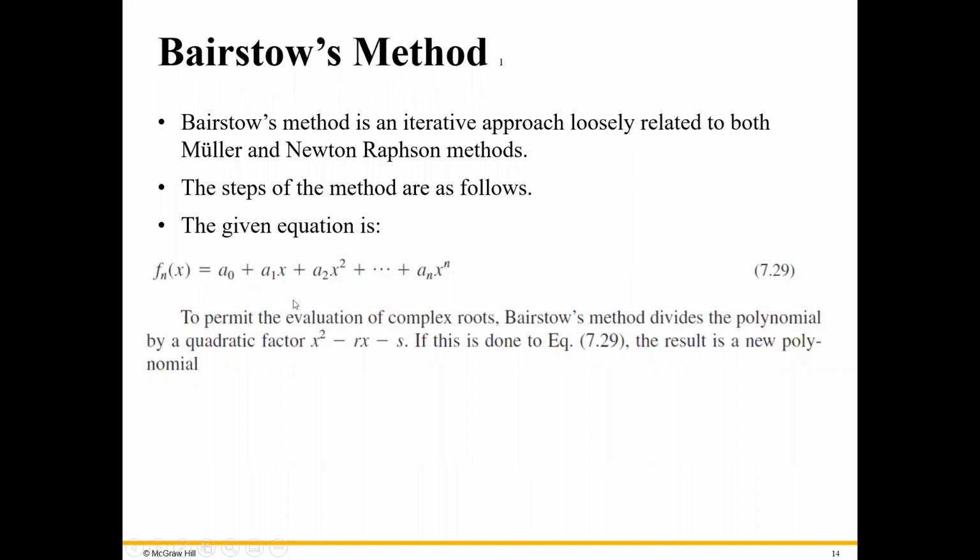If we divide the polynomial by this quadratic, which is one of its factors, then the remaining polynomial is 2 degrees less. For example, if this is a polynomial of degree 4 and we divide it by x square minus rx minus s, we will get a quotient of degree 2.